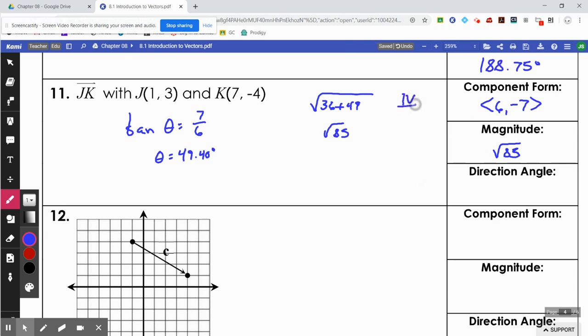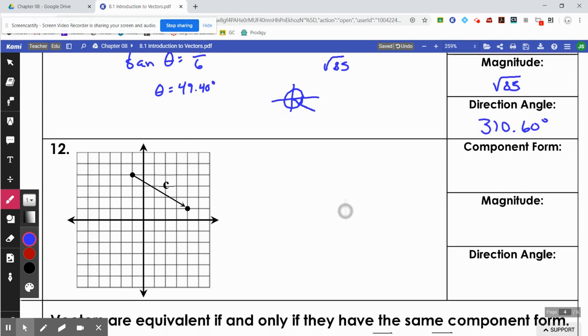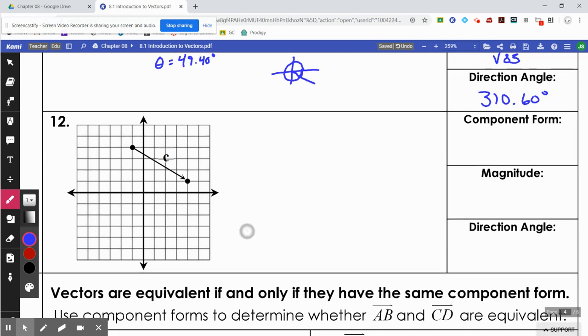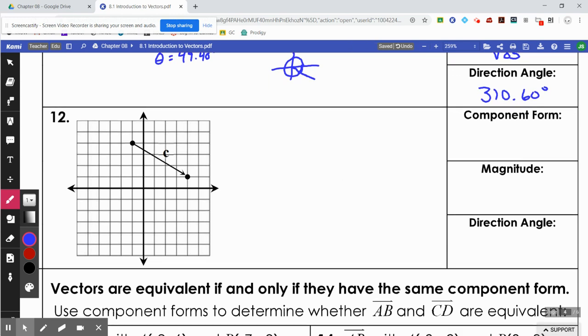That's a fourth quadrant angle. So in order to actually find the angle, my reference is 49.40. So I'm going to have to do 360 minus that. And that gives me a direction angle of 310.60 degrees.